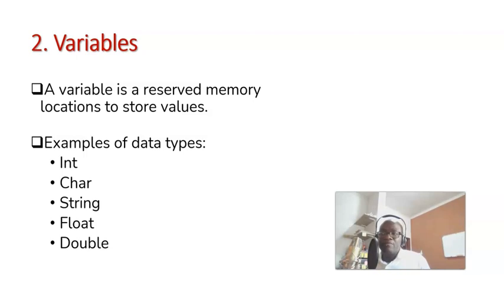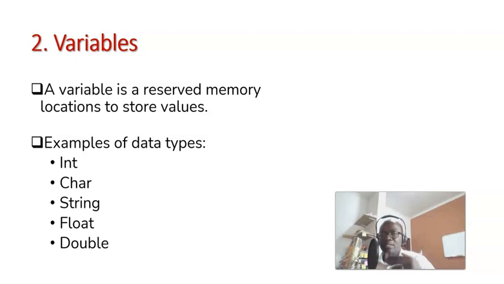These values can be of different types. It could be an integer type, which we usually abbreviate as int. It could be a character like A, B, C. It could be a string, like a word. It could be the float data type. Float means it has decimal points, like 23.56. So int is a whole number, like 20 or 100, but float means it has more precision.